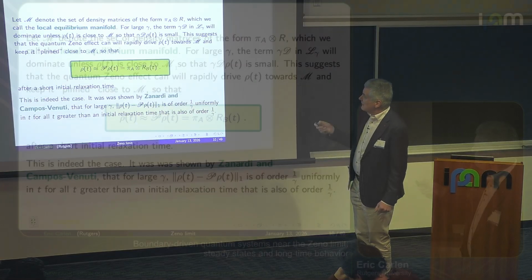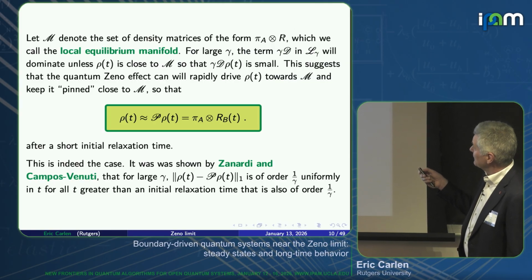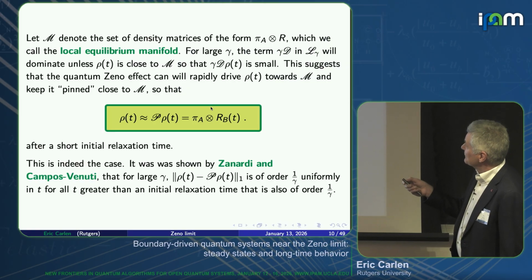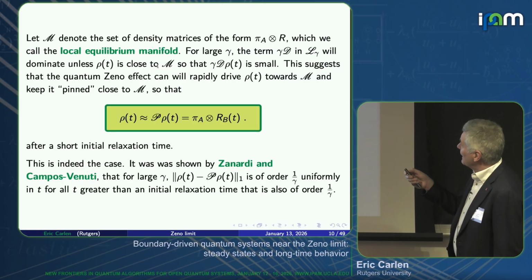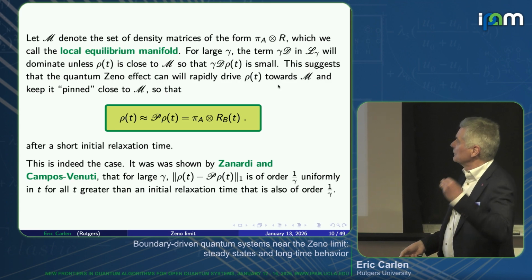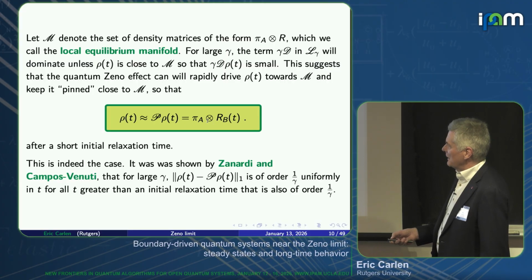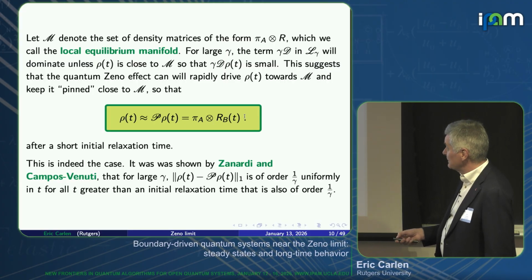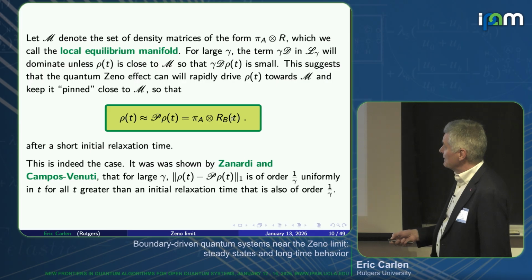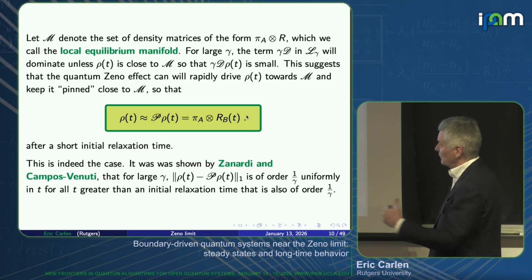So let M denote this set of density matrices that are of this form, pi A tensor R, where R is anything. That's our local equilibrium manifold. For large gamma, this dissipation term dominates, and so you should rapidly dissipate away to one of these near steady states, pi A tensor something on B. So after a short time, you would expect to be evolving along with that.